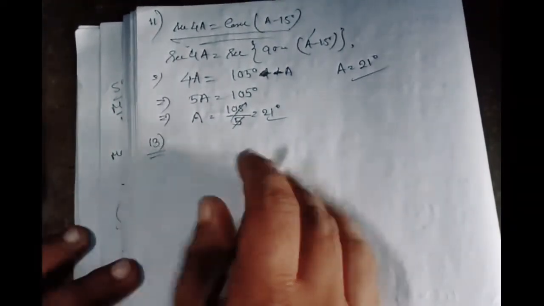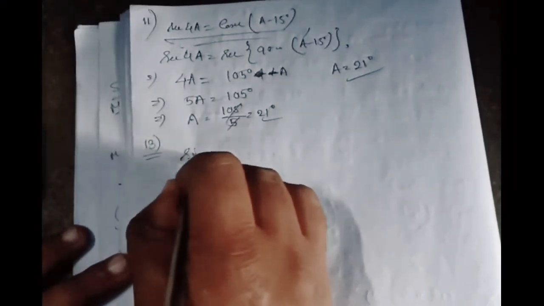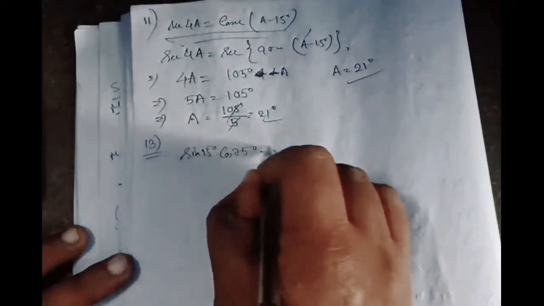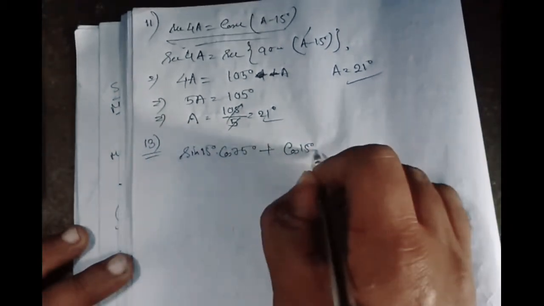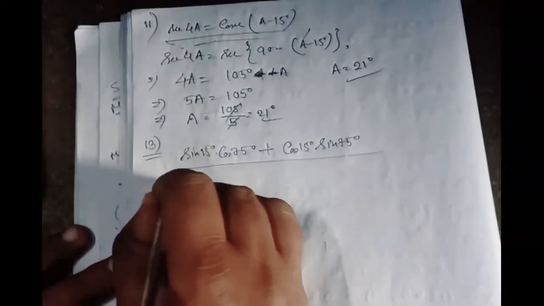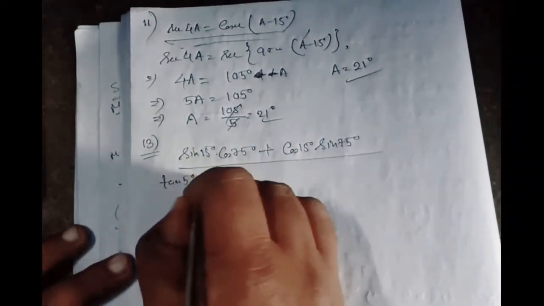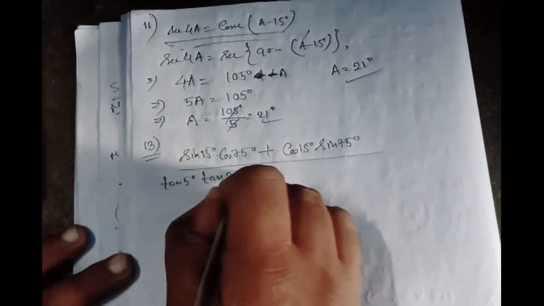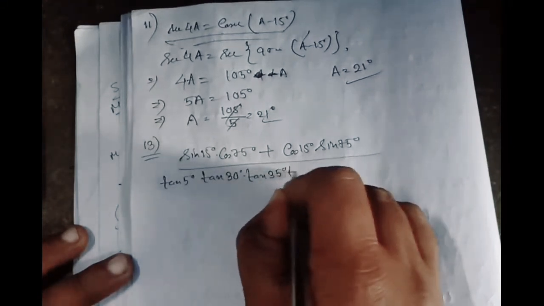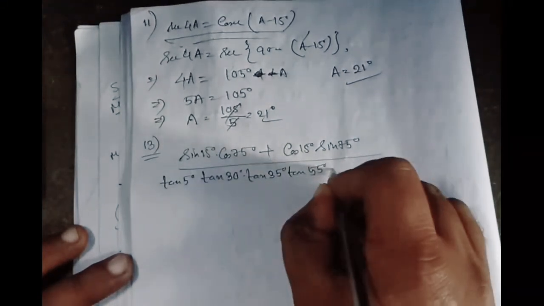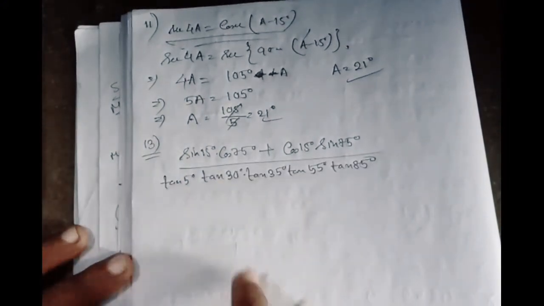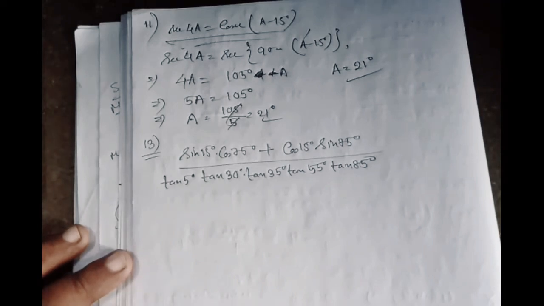In question number 13 it is given: sin 15 degree cos 75 degree plus cos 15 degree sin 75 degree, divided by tan 5 degree tan 30 degree tan 35 degree tan 55 degree tan 85 degree. We have to find it without using the trigonometric table.